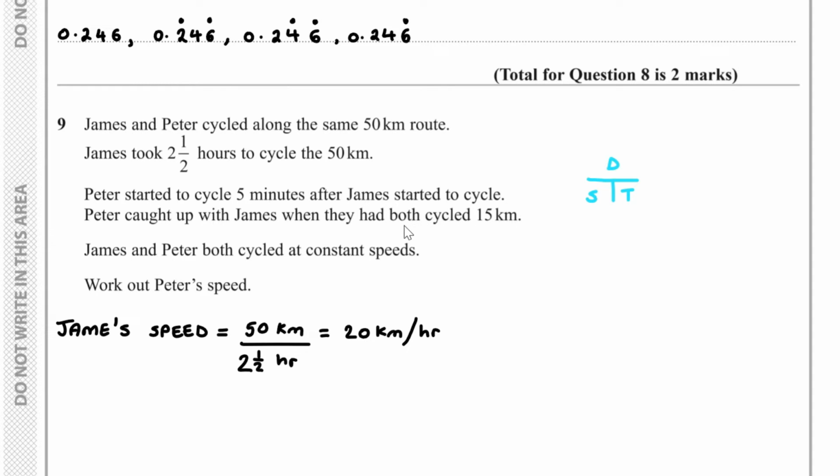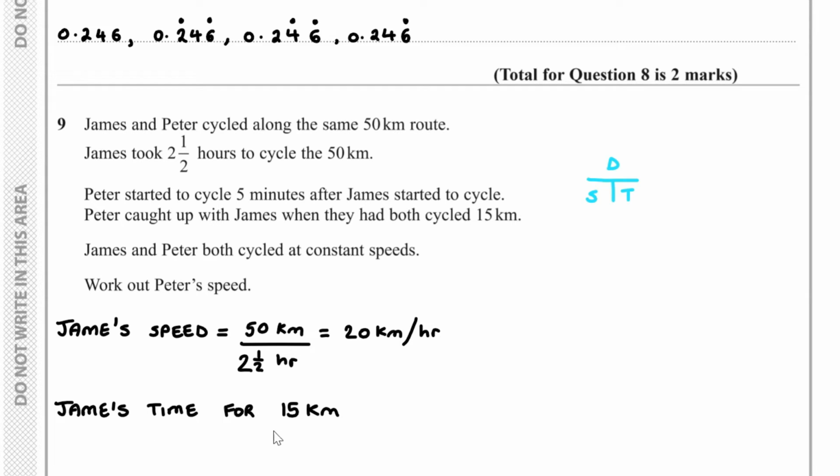And if we take a look at the statements mentioned over here, with this we can find out what James's time is to cycle the 15 kilometers. Of course, here we need to recognize that he's cycling with a constant speed of 20 kilometers per hour. So therefore, when we come to consider James's time to cycle the 15 kilometers, you can see here the distance is 15 and the speed will be 20.